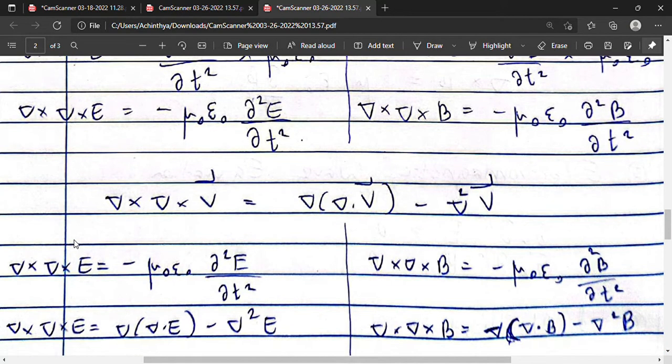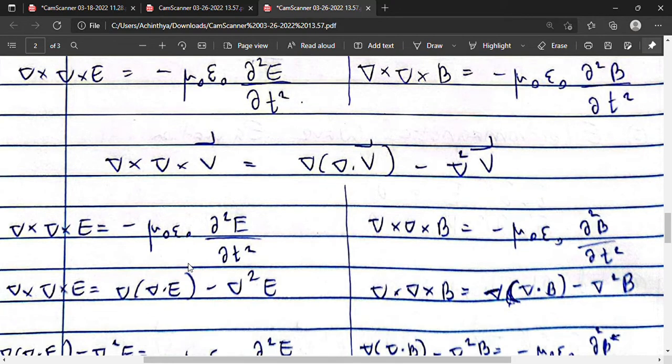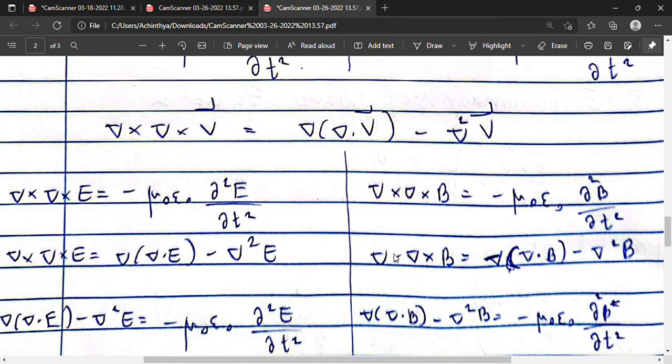So basically, the curl of the curl of the electric field is equivalent to the gradient of the divergence of the electric field minus the vector Laplacian of the electric field, and likewise for the magnetic field: the gradient of the divergence of the magnetic field minus the vector Laplacian of the magnetic field.